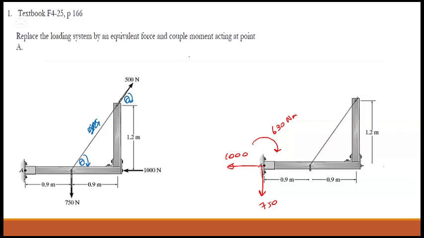If you find tan theta as 1.2 over 0.9, I'm going to check whether the ratio and the theta are the same.